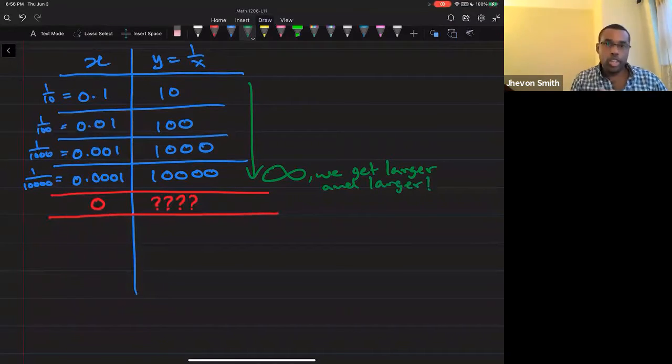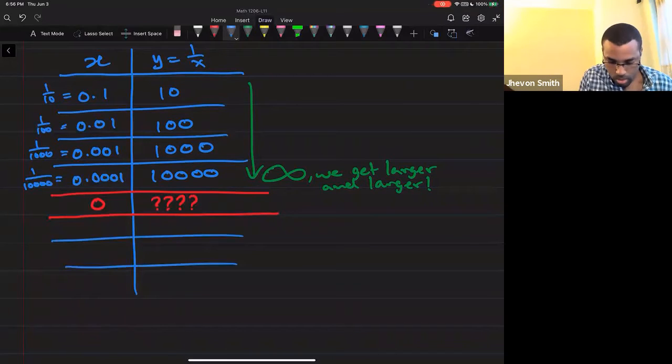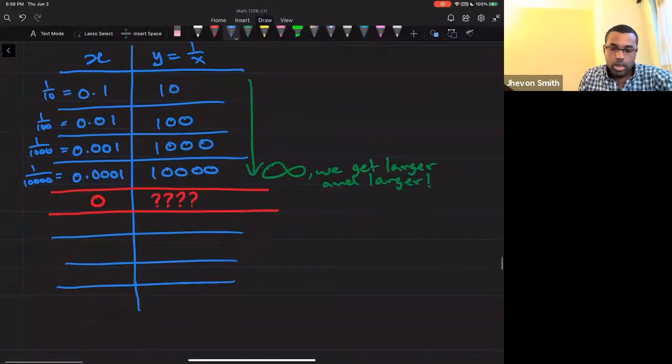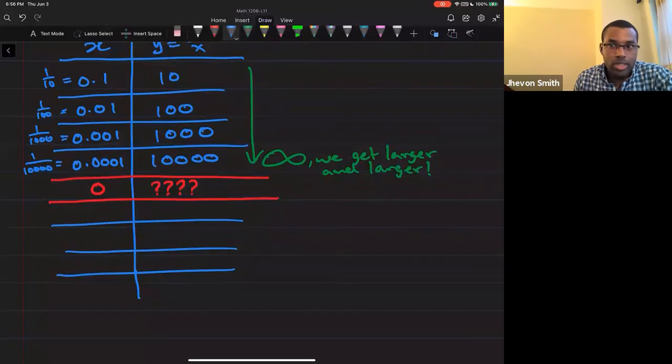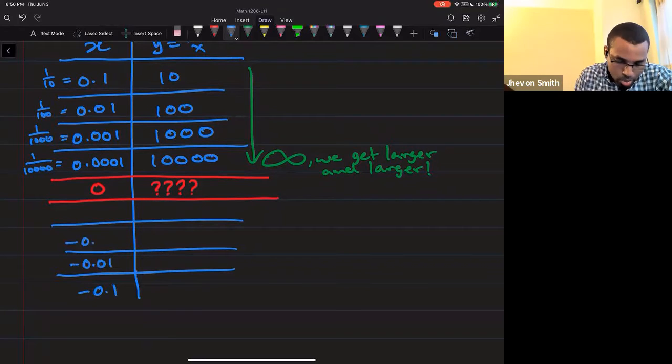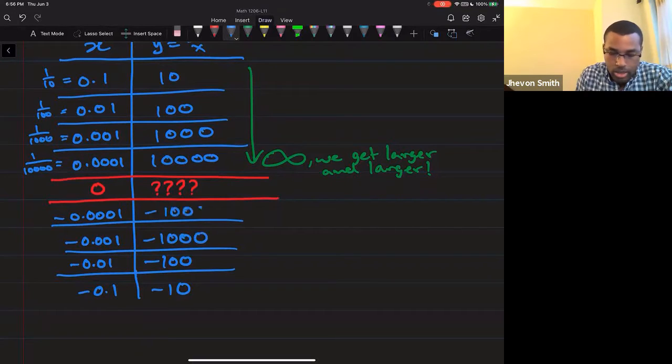Now, what are we doing from the other side? Here, you're on the other side of 0, which means now you're negative. So you can plug in something like negative 0.1, negative 0.01, negative 0.001, negative 0.0001. And you'll notice that the opposite happens over here: negative 10, negative 100, negative 1,000, negative 10,000.